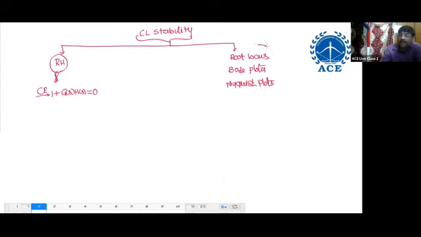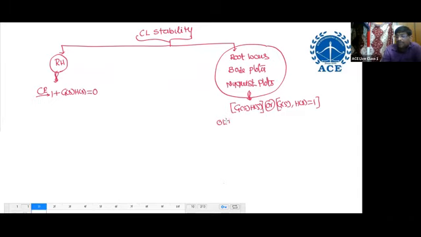Whereas in all the remaining stability techniques, if you want to find closed loop stability, required G of S H of S equal to 1. That means G of S H of S is called open loop transfer function of a non-unity or unity feedback system.